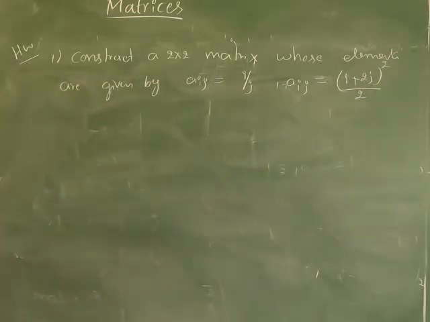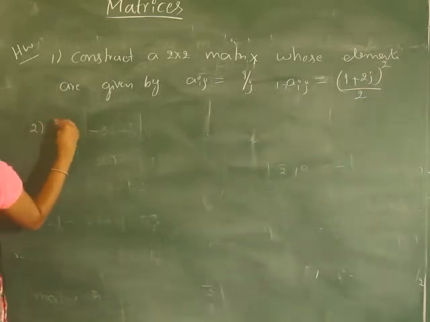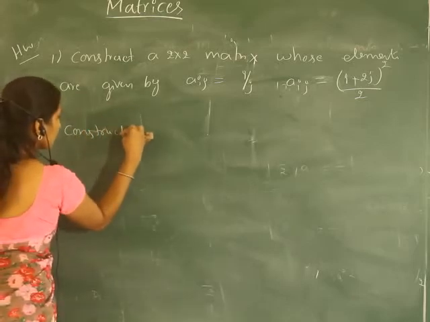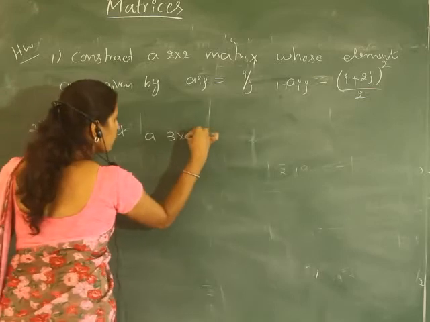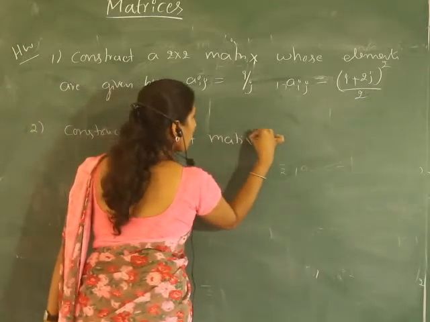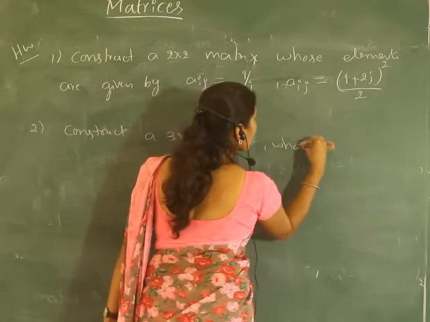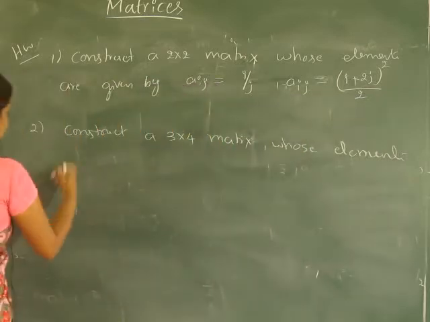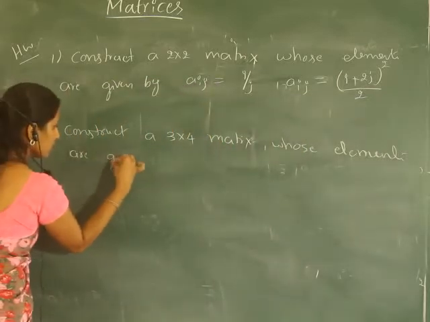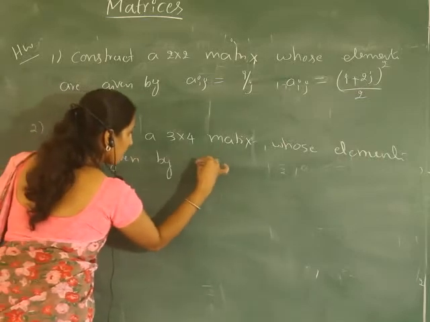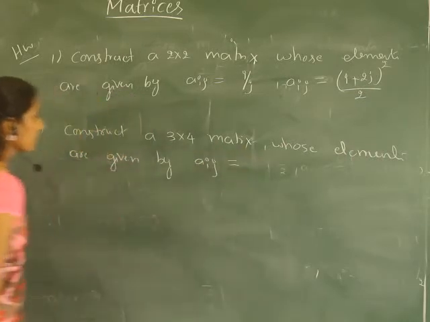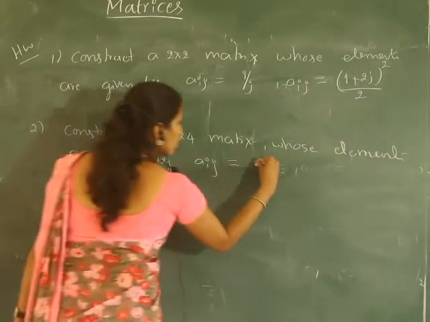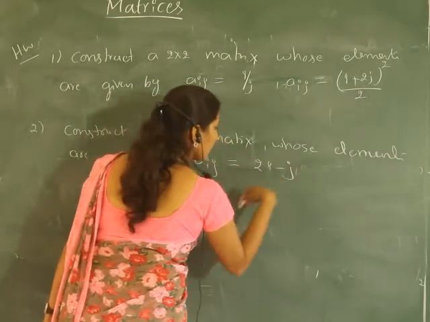So there are two problems. Next one, construct a 3 by 4 matrix whose elements are given by Aij is equal to 2i minus j.